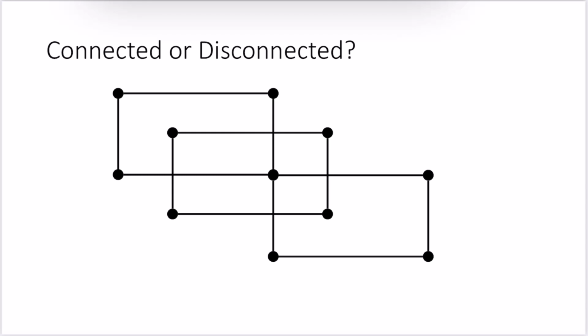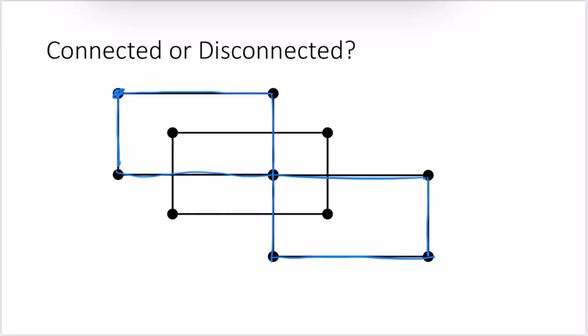But it actually is disconnected because let's say that I maybe start with this vertex. Well, I can get from that vertex to this one, or this one, or this one, or this one, or this one, or this. And essentially, this subgraph that I've outlined in blue is connected to each other.